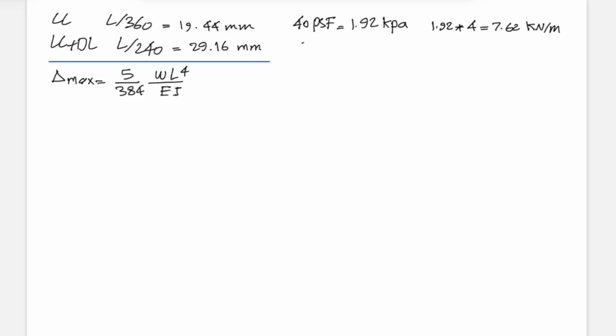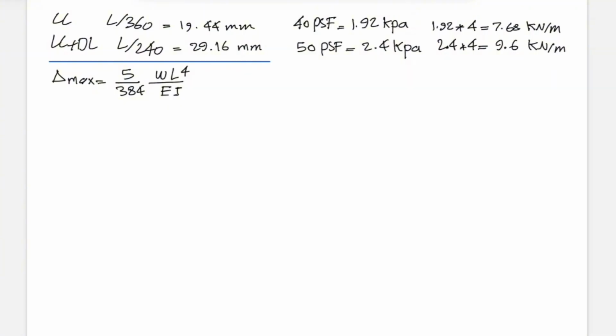Live load plus dead load, we have 50 psf, which equals 2.4 kPa. 2.4 times 4 equals 9.6 kilonewtons per meter.